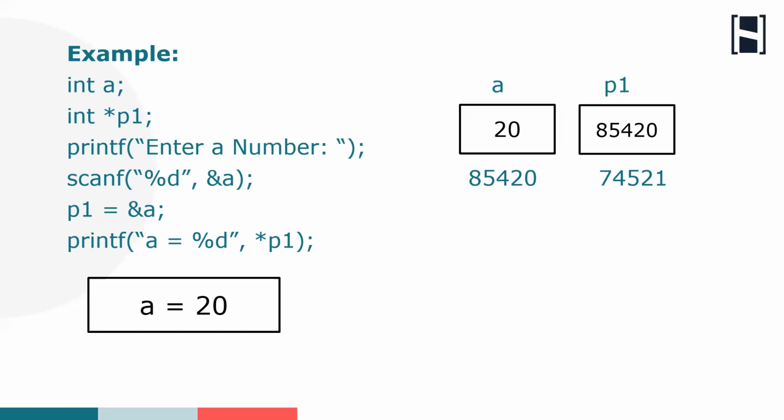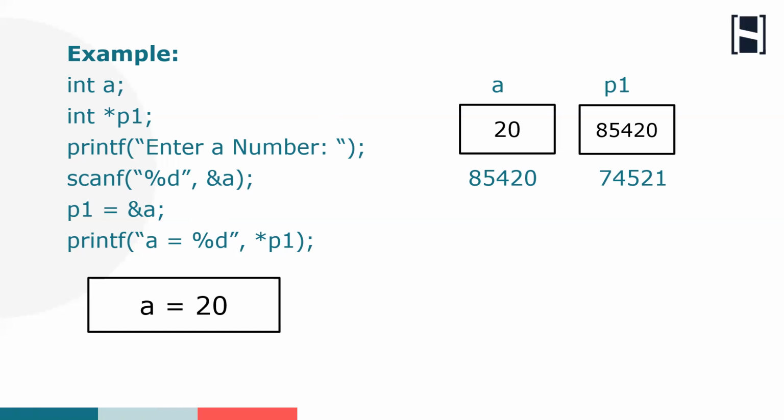Now, look at the next print statement. I am saying printf a is equal to %d, comma, star of p1. Now, what did I say? Another use of the value of operator is that it is used to access the value pointed to by the pointer variable.